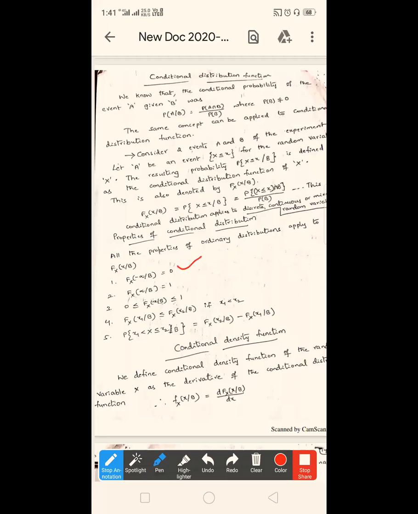So all of you see the properties. What is the first property? Capital Fx of minus infinity given B is equal to, in the properties of distribution function, already we studied that capital Fx of minus infinity is equal to 0. But here this is a conditional distribution function, that's why you have to write given B within the braces.